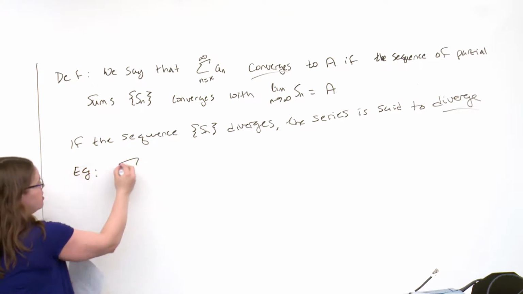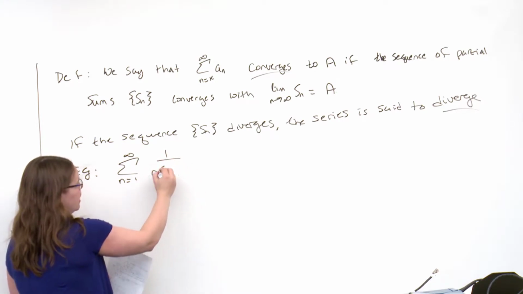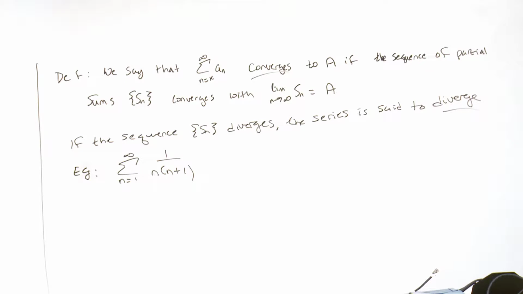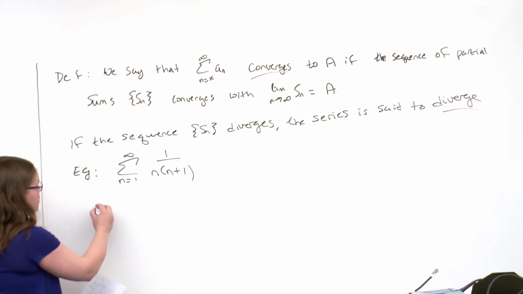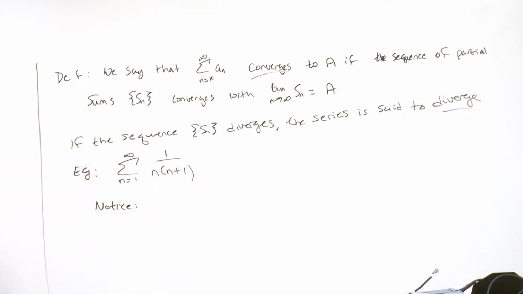Let's look at this series, the sum from n equals 1 to infinity of 1 over n(n+1). So here I'm just going to do a little simplification. Take note of the fact that we can rewrite this thing.